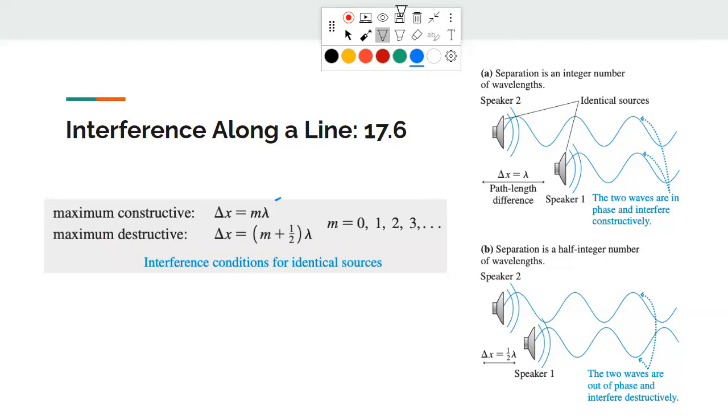That's what this equation is telling us. And you can see here m can be 0, but that's just a really boring situation where we have two speakers right next to each other. Of course, they're going to constructively interfere because the waves are exactly the same. And then for destructive interference, you just have to shift that over by 1/2.